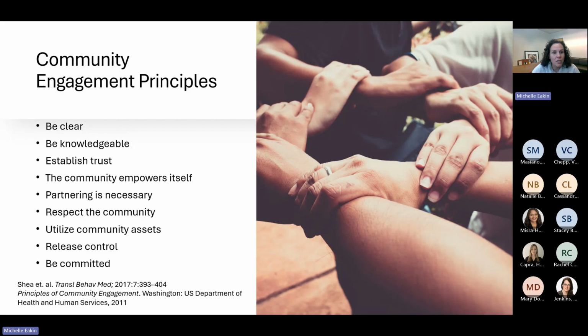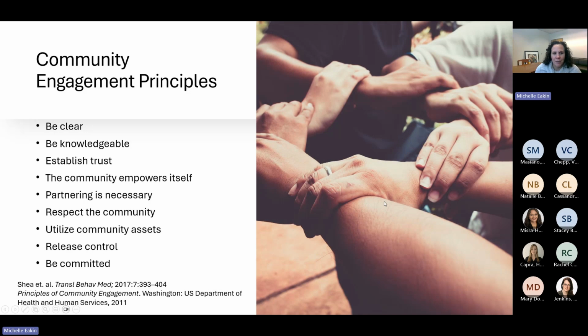Within implementation science, there are ways of tracking those adaptations, there are ways of measuring, and we can look at it. But we know at the end of the day, in order to maximize external validity, in order to meet the community context that's important, we're going to need to release control to be able to work with the group that we're trying to partner with.